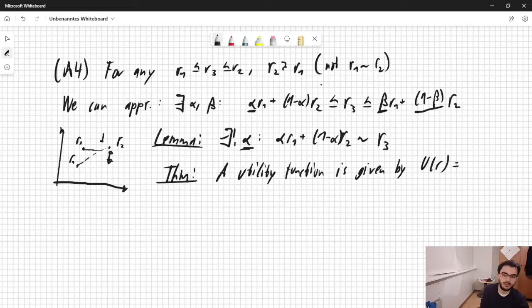So this is just going to be not alpha, but 1 minus alpha. When we take any r and put it in this situation where we can apply the lemma, we just take the constant, and this is exactly how we define a utility function. So now instead of having to deal with the reward space, we can just insert any reward in the utility function and get a number. And that's very, very useful. That being said, I didn't even define the utility function.